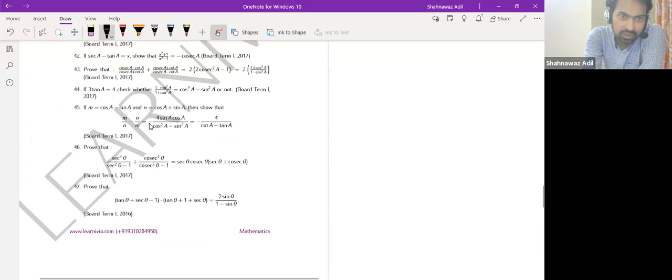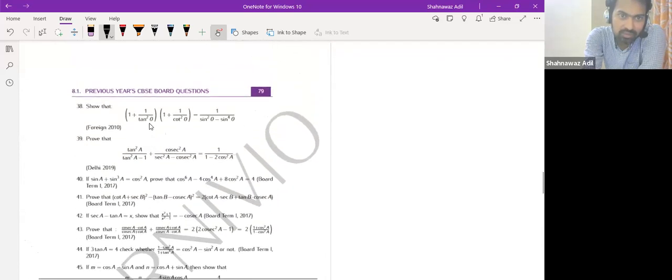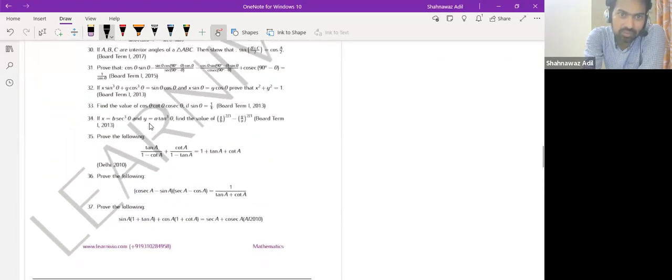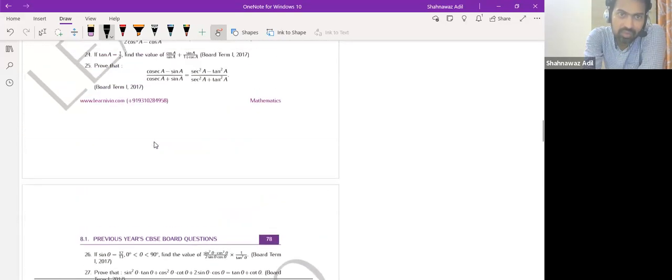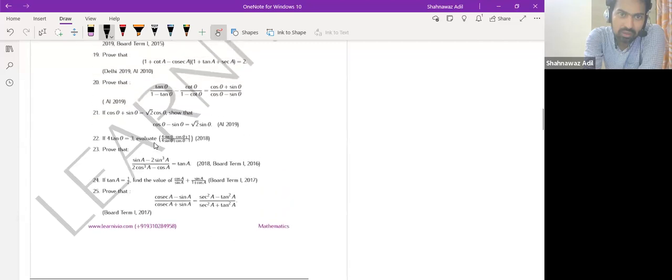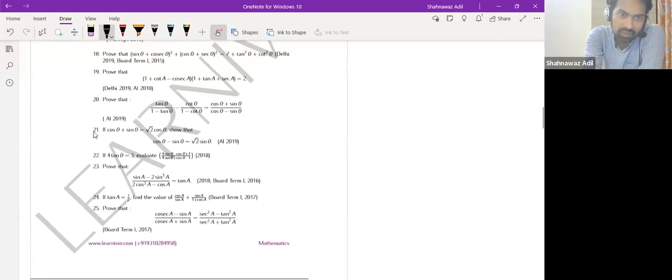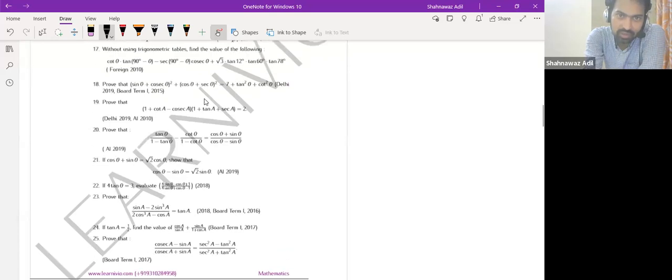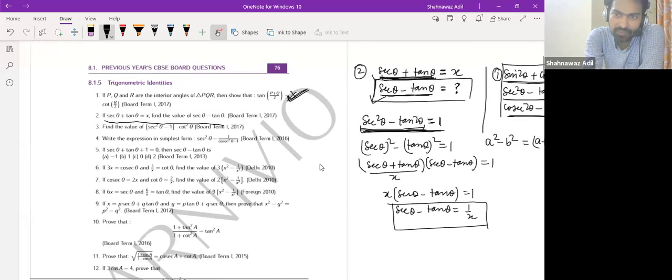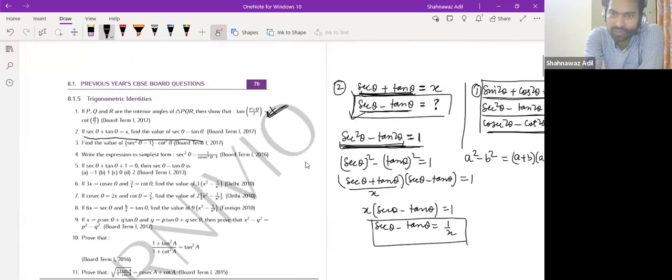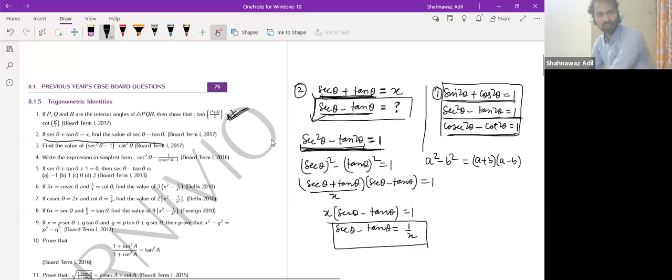Okay, so yeah, this one, 21st question. This is a very nice question, right? But I will give you this question at some point later. So please note this down, guys. Quickly note it down. Then we'll do the third and fourth, and then we'll get back to NCERT questions.